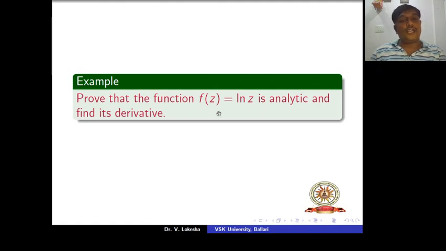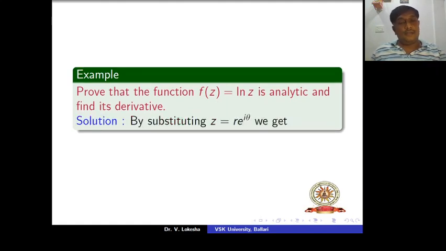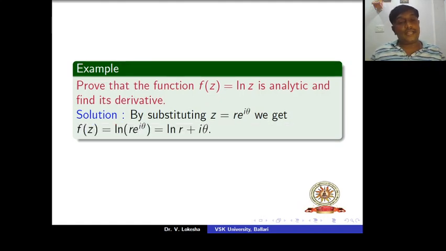Prove that the function f of z is ln z is analytic and find its derivative. Here, for a logarithmic function it is always better to use the polar form. z is equal to r e power i theta, then f of z is equal to ln of r e power i theta.